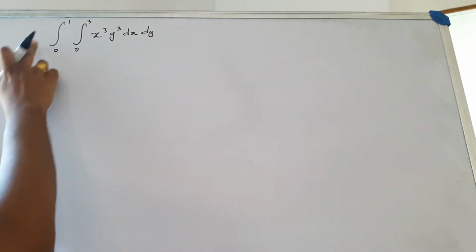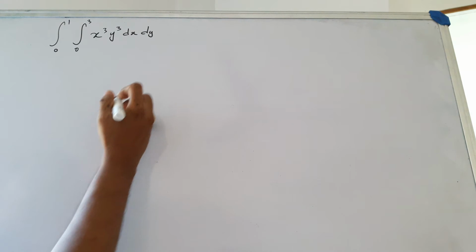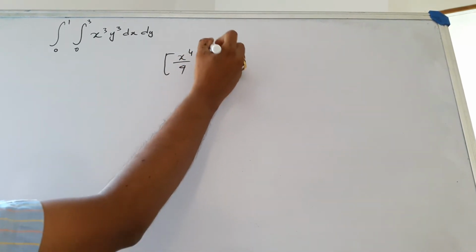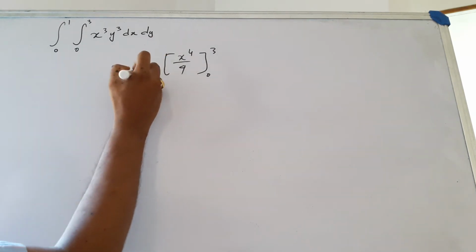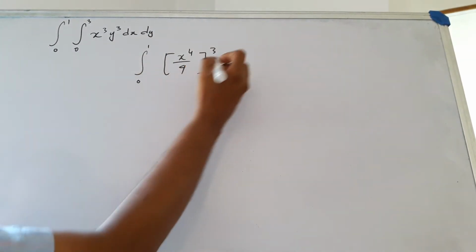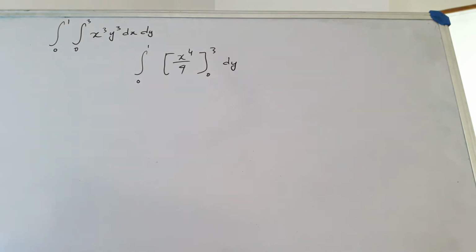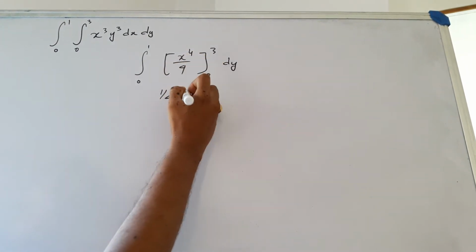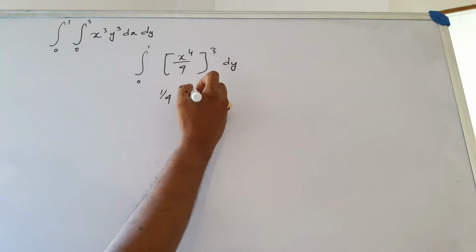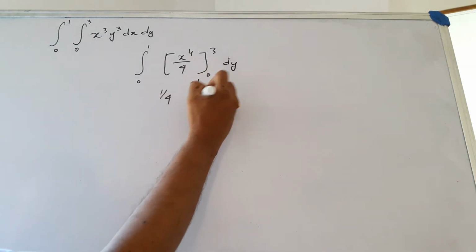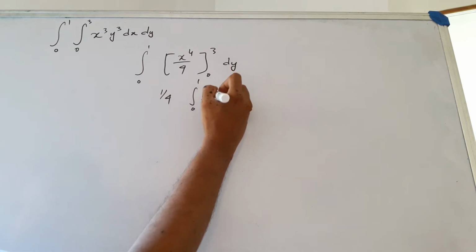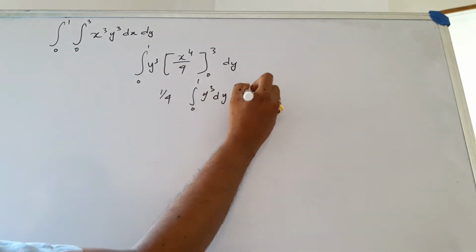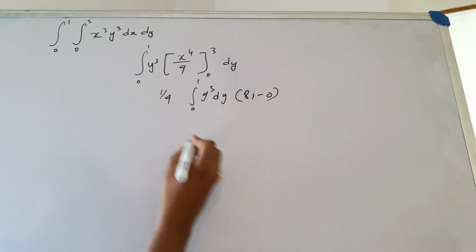Now let us try to evaluate this. So first, integrating with respect to x, I get x power 4 by 4 for the limit 0 to 3. Okay, and this I will do later. Again, by substituting this, I get 3 power 4, which is 81, and this is 0.